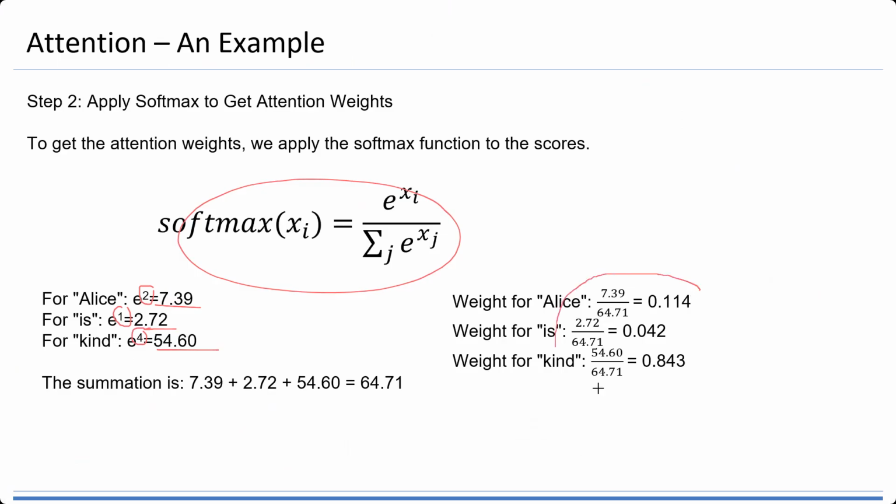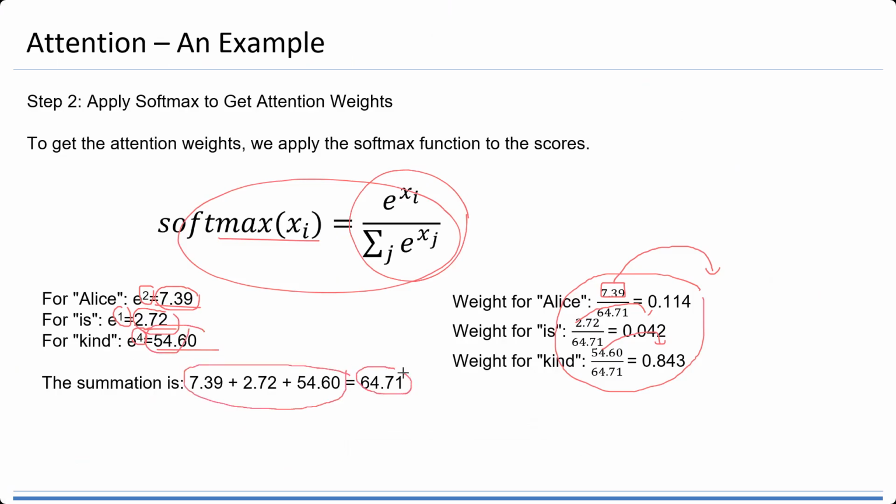We call this the softmax because we want to soften the value, we want to normalize this value based on this E function. So the E function gives 7.39, 2.72, 54.60. The summation is 64.71.